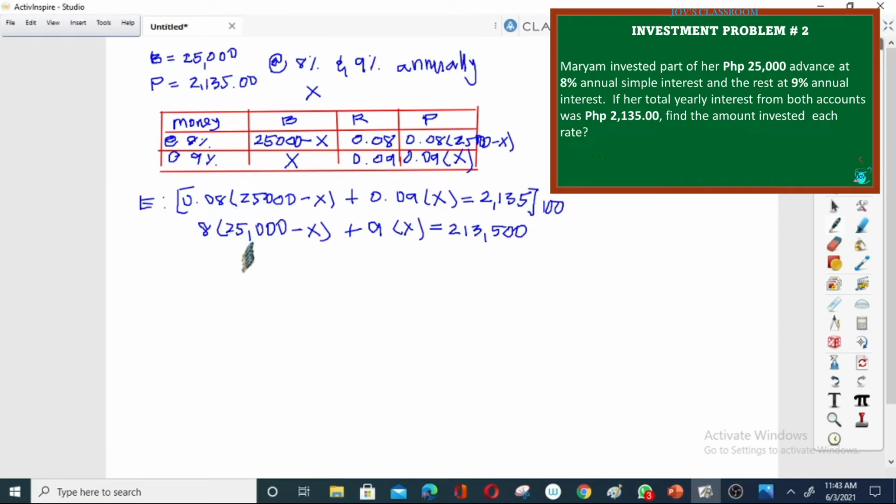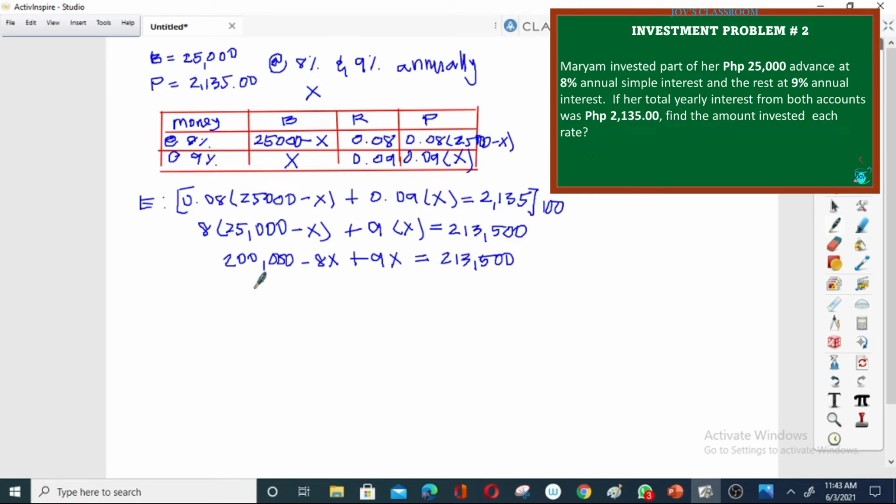So simplify 8 multiplied by 25,000. This is 200,000 minus 8x plus 9x is equal to 213,500.